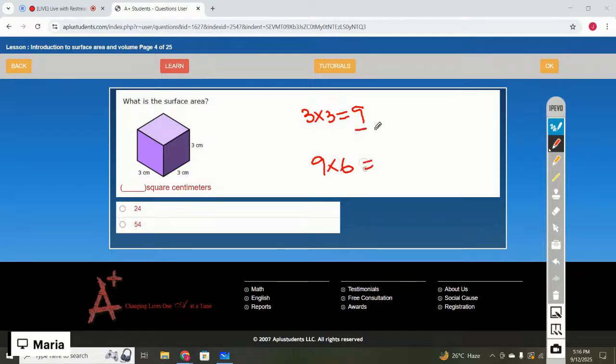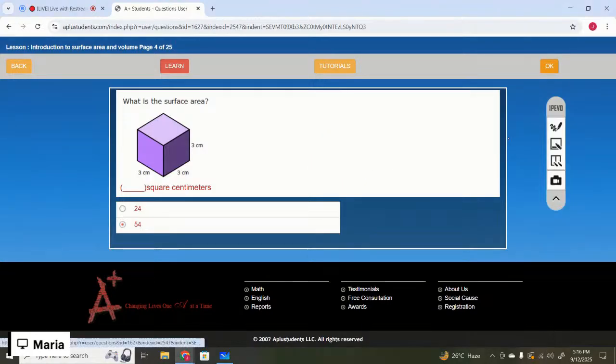That is 9 times 6, so that is 9 times 6 equals 54. So the surface area of all those faces is 54. Option number 2 is the correct option. That is 54.